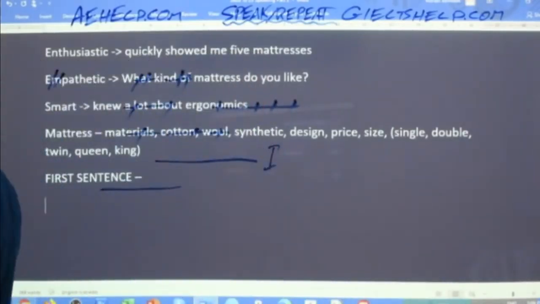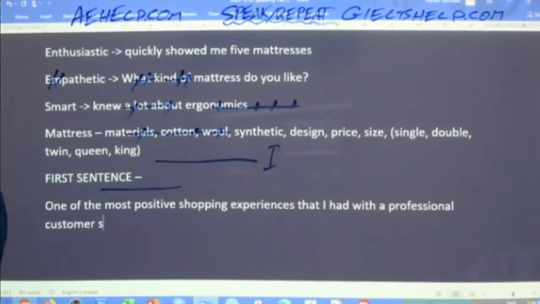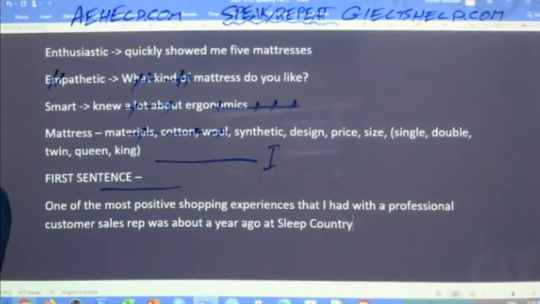So one of the most positive shopping experiences that I had with a professional customer sales rep was about a year ago at Sleep Country Canada. I should be endorsing this.